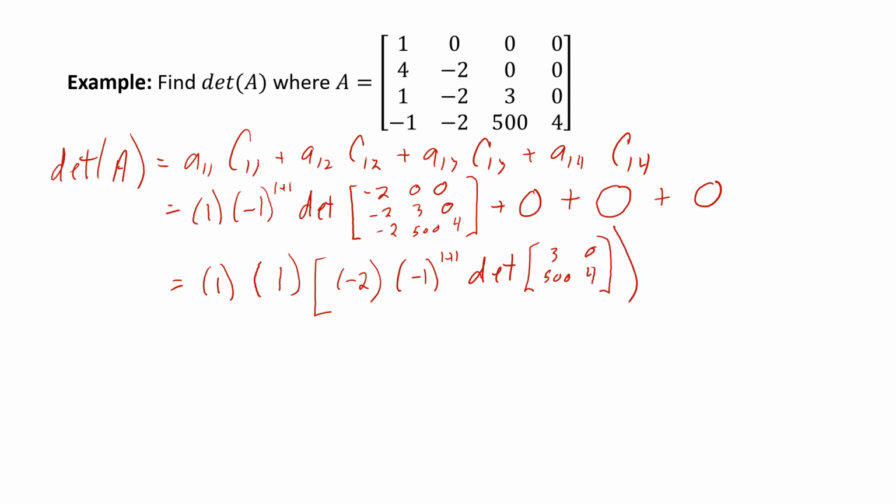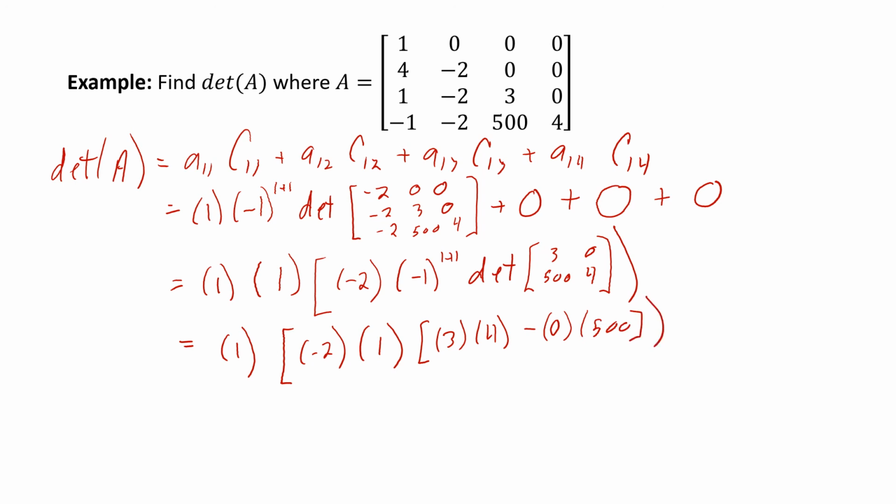What's that equal to? Well, 1 times 1 is equal to 1. What are we left with here? -2. -1 to the 1 plus 1 is again 1 times the determinant. Another determinant, but now we know how to calculate this. This is a 2 by 2 determinant. So what's this equal to? This is 3 times 4 minus 0 times 500.